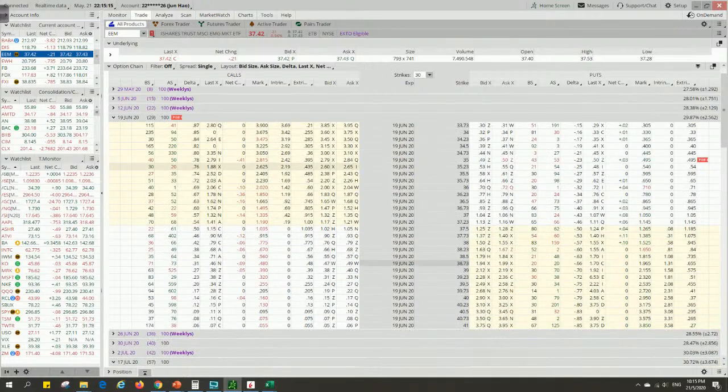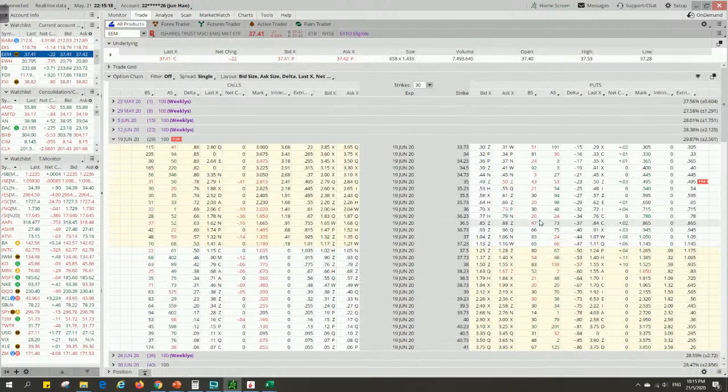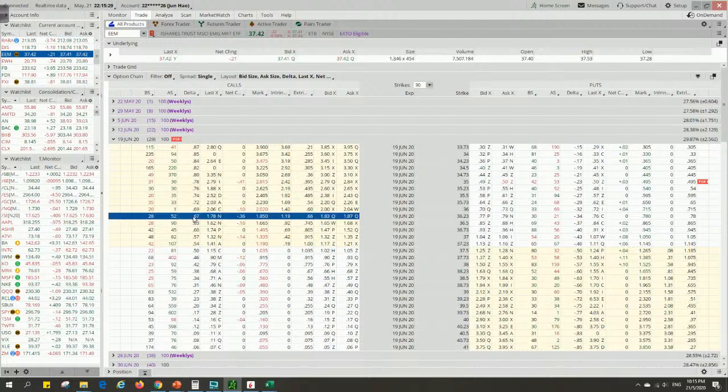June 19, right? 36.23. Currently the price is at 0.6, 0.6, 0.7. I can choose to roll this contract out into perhaps the 38, maybe 37.30, $37.73 contract. And then let's see how things will turn out.